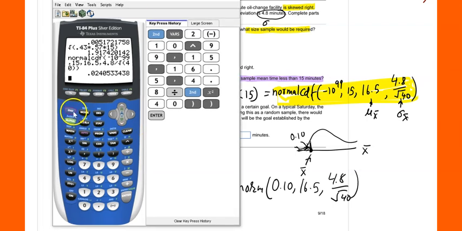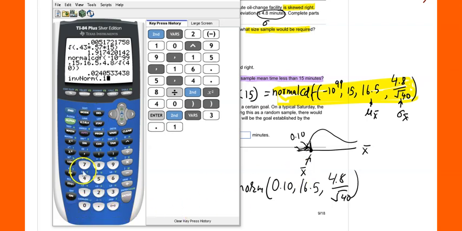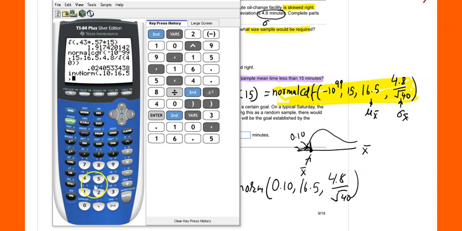It's going to be second VARS, you do number 3 and you do 0.10 comma 16.5 comma 4.8 divided by square root of 40, and remember that this 40 has a parenthesis here and then another parenthesis for this norm in normal.